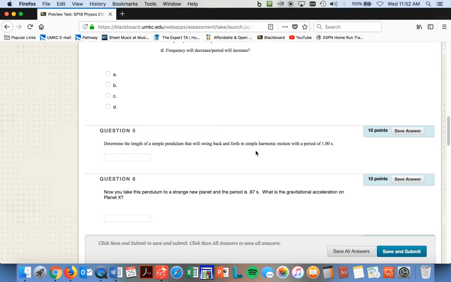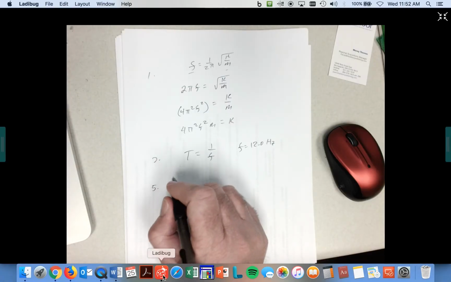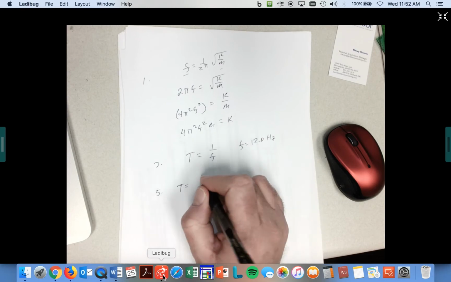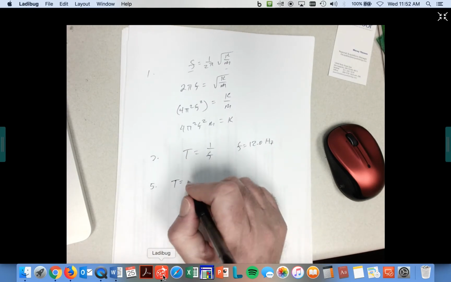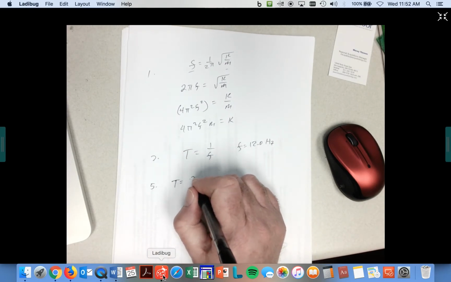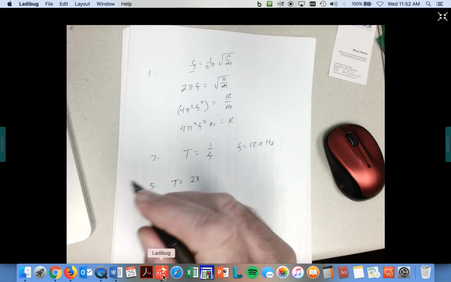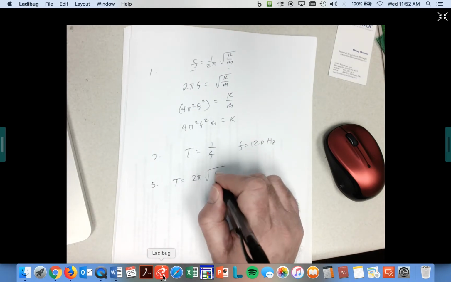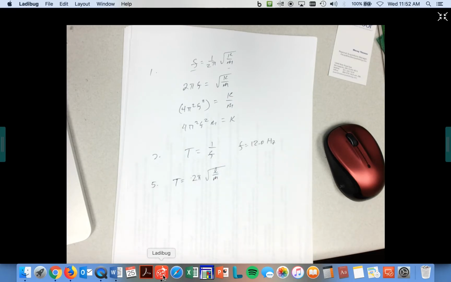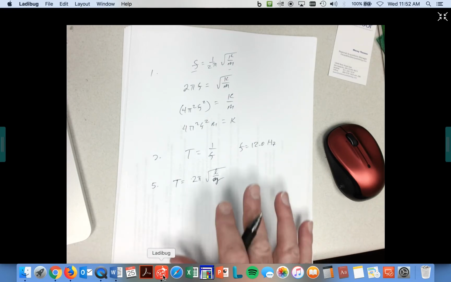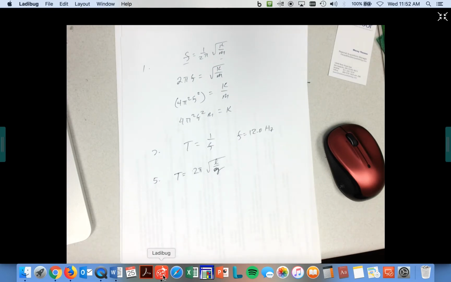So on question 5, we've got the period of a pendulum. It's 2 pi times the square root of L over g, the length L over g. That's right, because we don't need a mass. The masses cancel. We found that out in class.